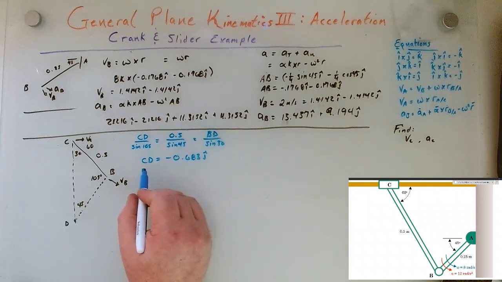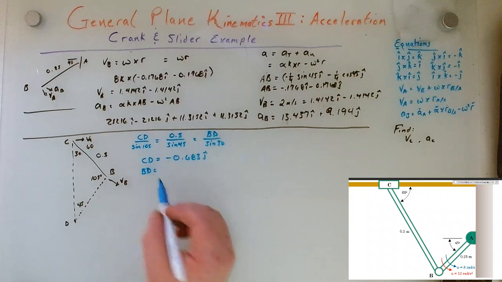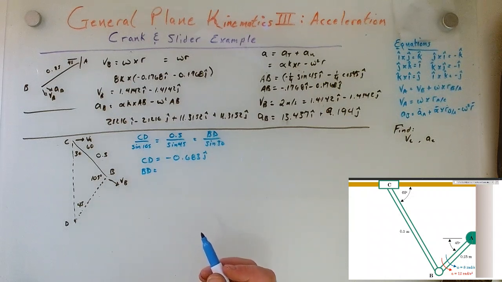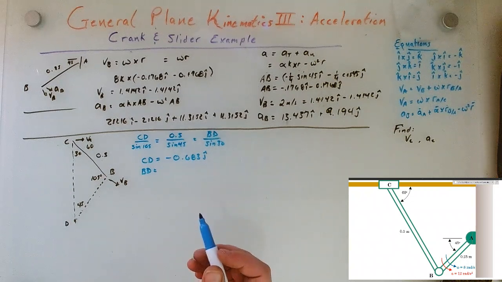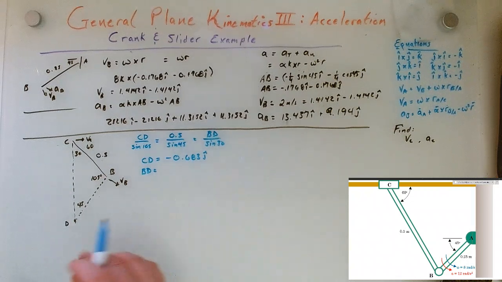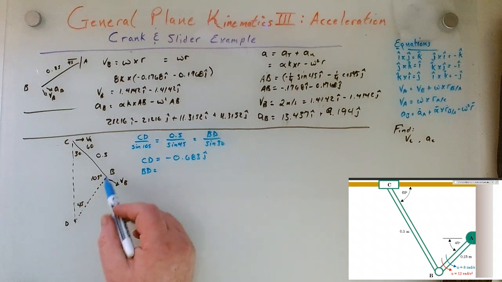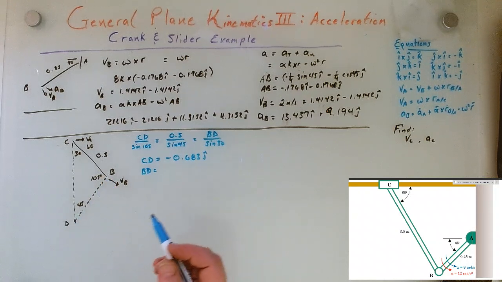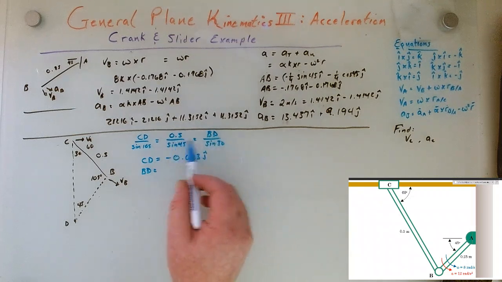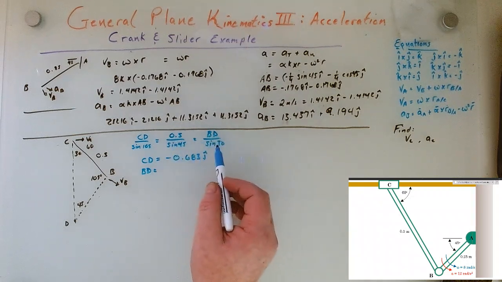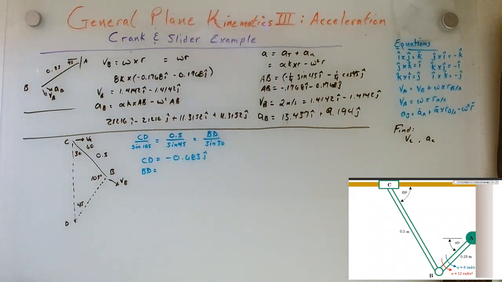Then BD is equal to, for this one we just need the magnitude. So BD is 0.5 times the sine of 30 over the sine of 45.